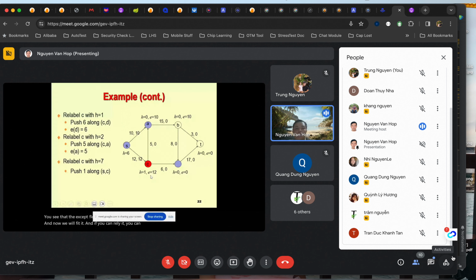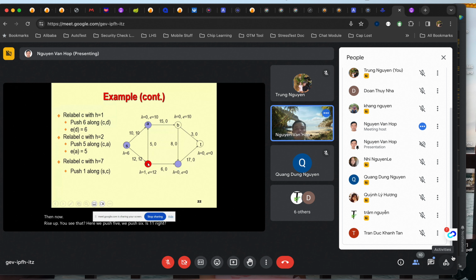And you see that before we push it, we have to update and rise it up, because to push it down the height must be higher. Now we rise up. You see that here we push 5, we push 6, that is 11, right? And this is active.